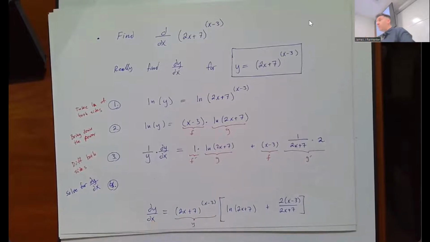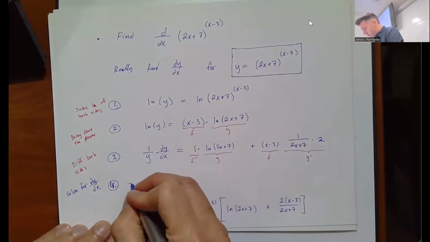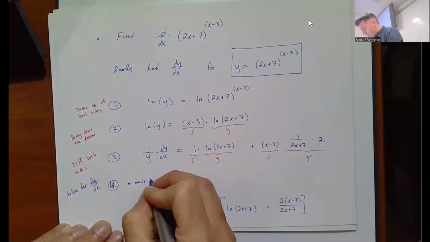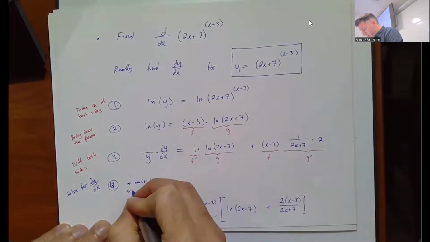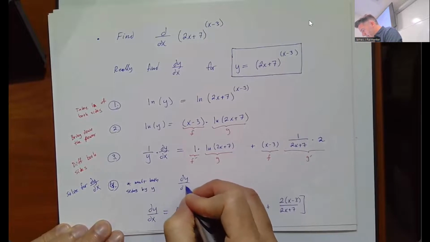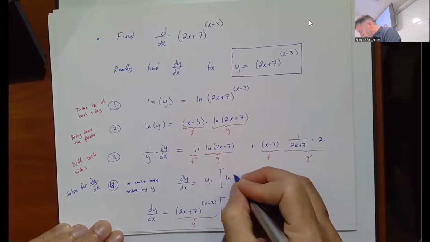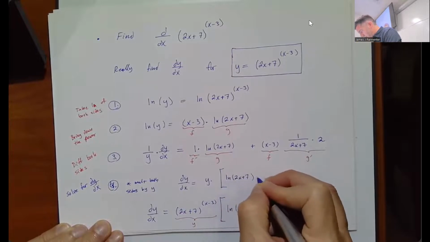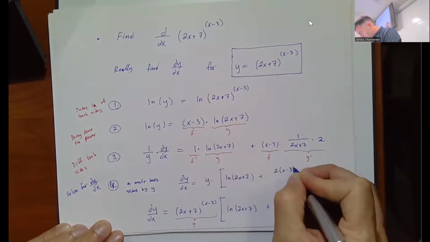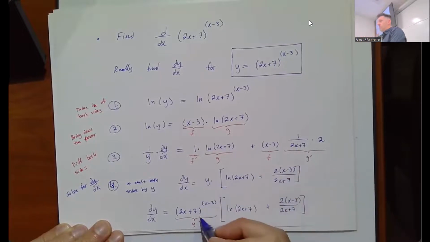If you don't like skipping that intermediate step, that's totally fine. We can take the intermediate step of saying I'm going to multiply both sides by y to get dy dx on the left equal to y times all this stuff on the right. And then the last step would be to replace the y with what it's actually equal to.